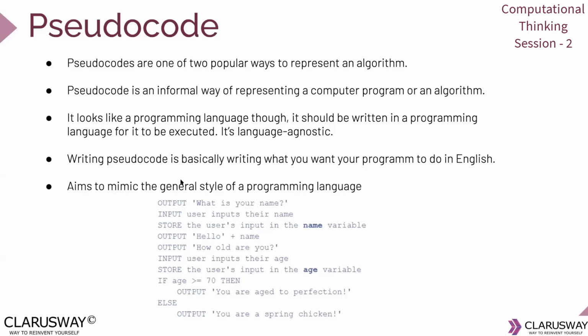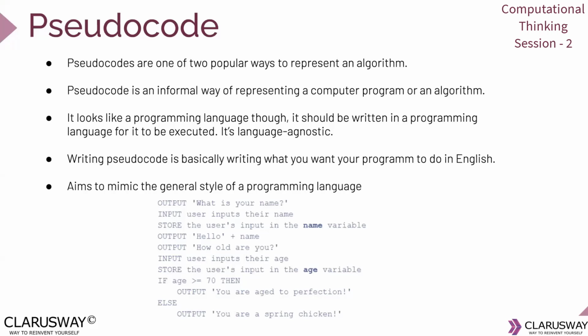Writing pseudocode is basically writing what you want your program to do in English. And this is basically the stuff that we have discussed so far, right? So whatever you want your program to do, you explain that in English, but that English is not that complex and that detailed. It's not like a passage or a story or something like that. It's really simple, basic. It is programming language-like, but it's also English-like. So it's somewhere right in between.